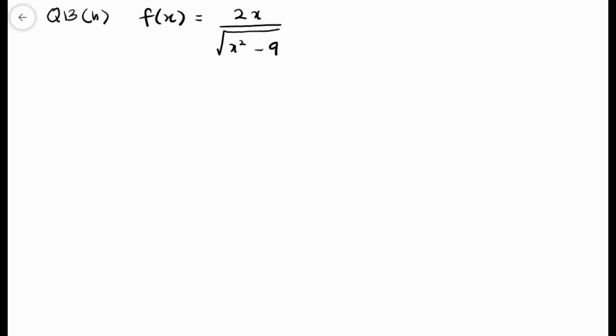So the first thing is you need to check the domain of the function. What should you refer to first? You need to look at the denominator. The denominator of a fraction, x squared minus 9, cannot be 0.